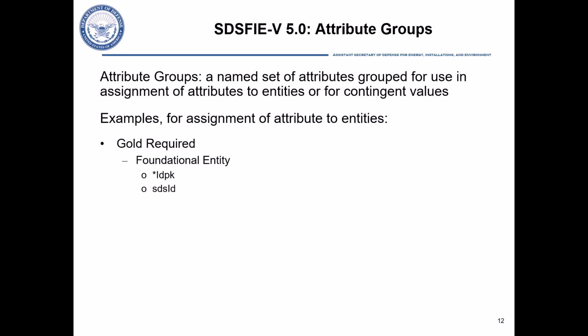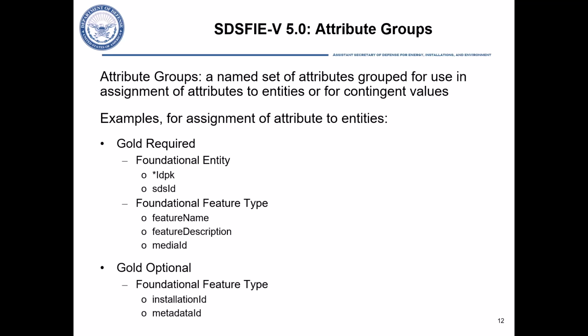These include 2 groups for the required foundational attributes, the IDPK primary key and the SDSID global identifier that are assigned to every entity, spatial or non-spatial, the feature name, feature description, and media ID attributes that are assigned to every feature type, and a third group for the optional foundational attributes, installation ID and metadata ID.